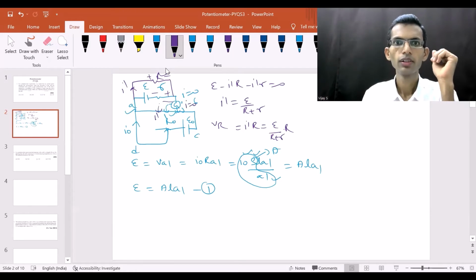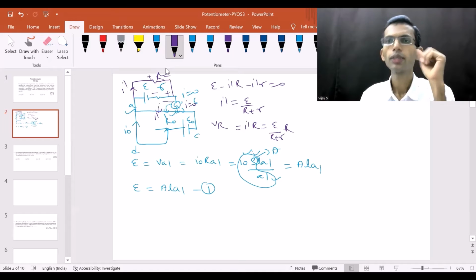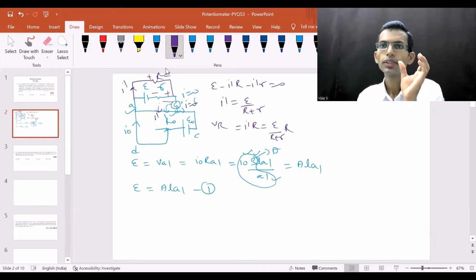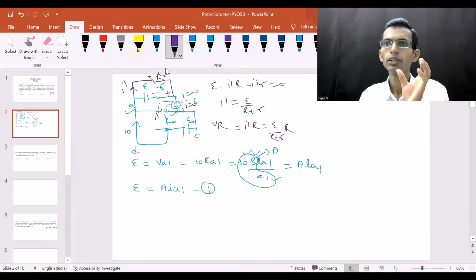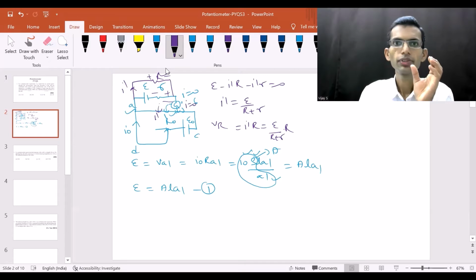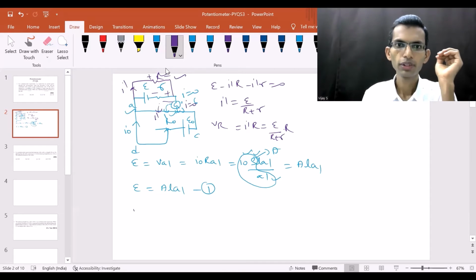At balance, what happens? Potential difference across the cell becomes equal to potential difference across the balance length. What is the potential difference across the cell? Which is nothing but potential difference across the resistance R. So that means VR becomes equal to VA 1 dash, right, which is equal to I0 RA 1 dash.